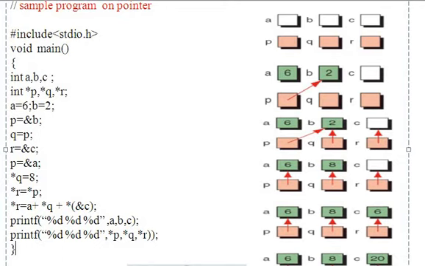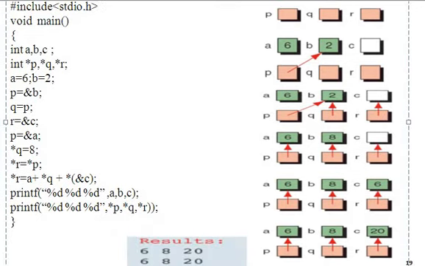Now *R is equal to A plus *Q plus *(&C), and try to observe the output. So look at the output. *Q is equal to 8, so that is your B value, and *R is equal to *P, and *P is nothing but 2.